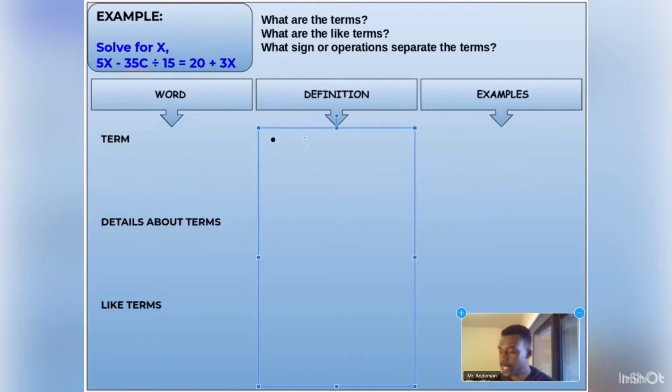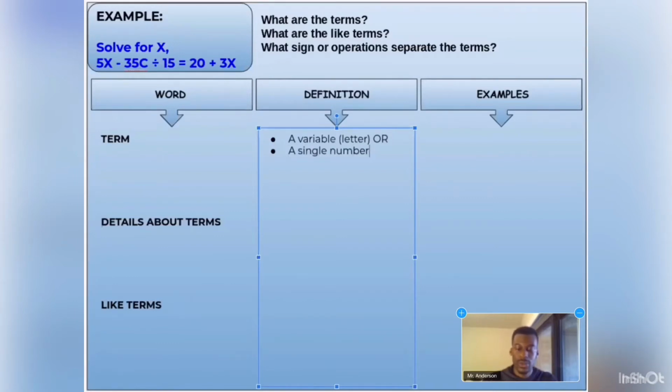All right. Now, a term. A term is very simply a variable. Okay. A variable, or, and you know what? Let me just be clear. When I say variable, I'm talking about a letter. All right. Like X or Y. Okay. It can be a variable, or it can be a single number.